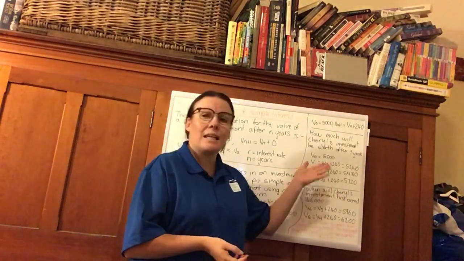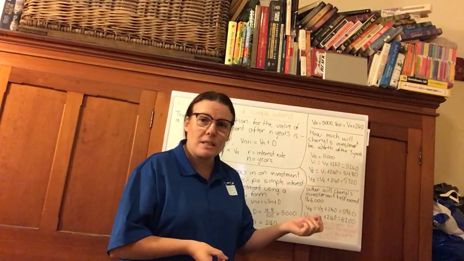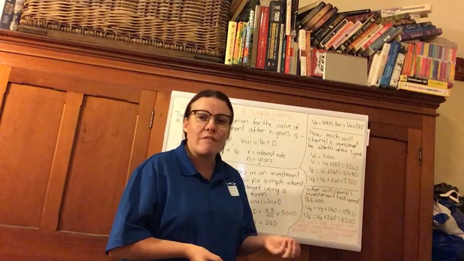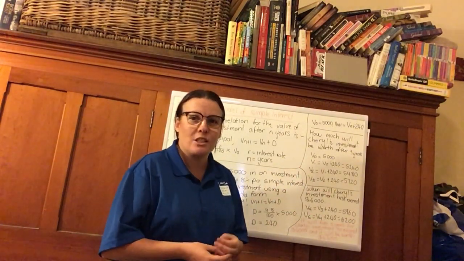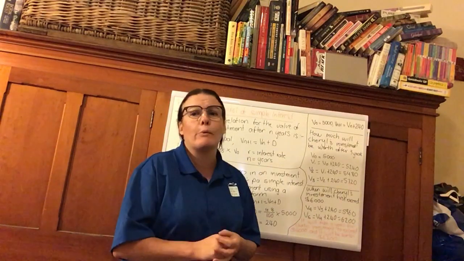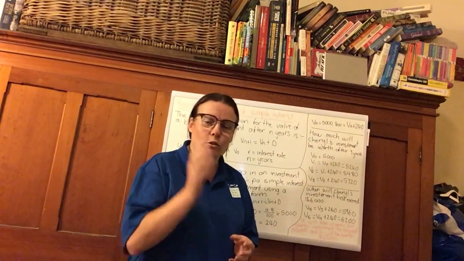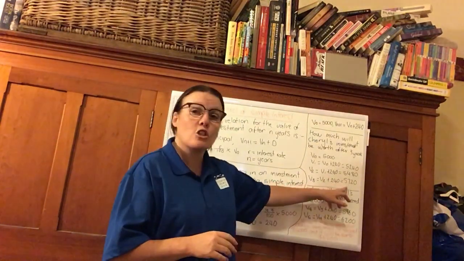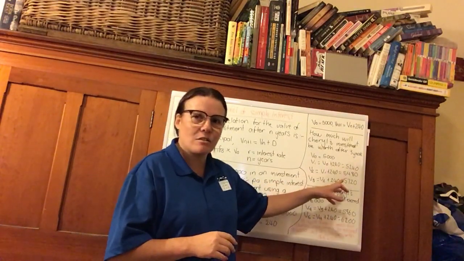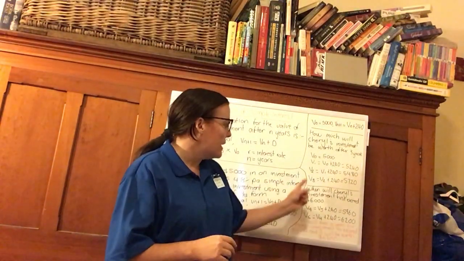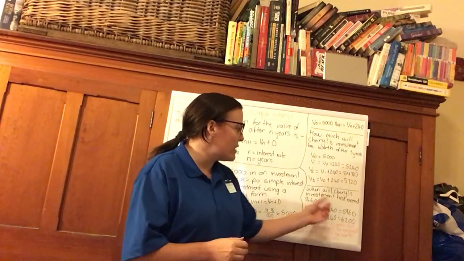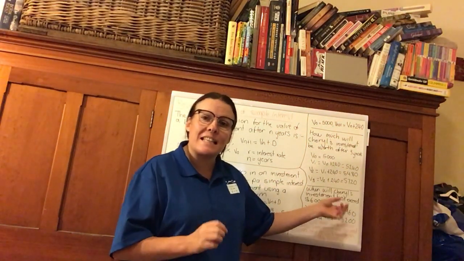At the end of 3 years, Cheryl's investment is worth $5,720. And that needs to be written out as a statement or a sentence. This just shows the working out.